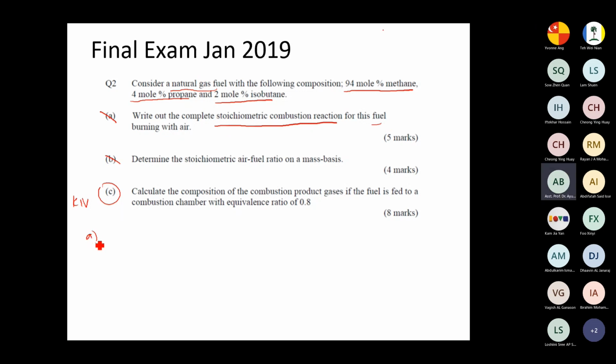So for A, you have a mixture. Methane plus propane plus isobutane. This is your fuel, plus A, assume complete combustion.